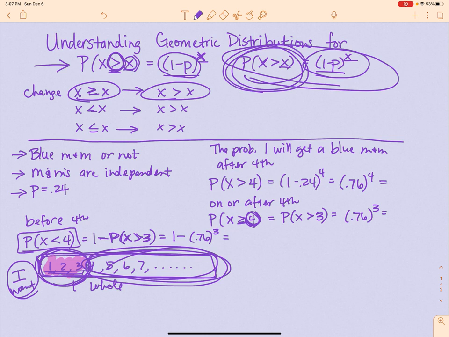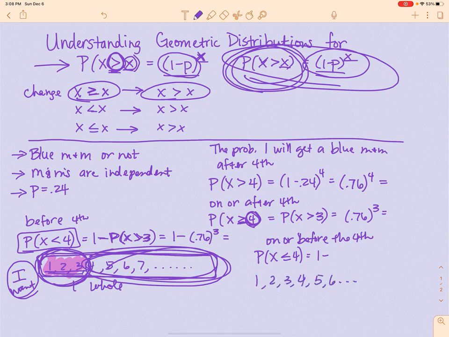Easy peasy lemon squeezy. All right, what if I want the probability I'll get a blue M&M on or before the fourth one? Now I'm dealing with the probability that X is less than or equal to 4. And again, that's not the right direction, so I'm going to have to say 1 minus. So I'm going to use this illustration again. 1, 2, 3, 4, 5, 6, and so on.